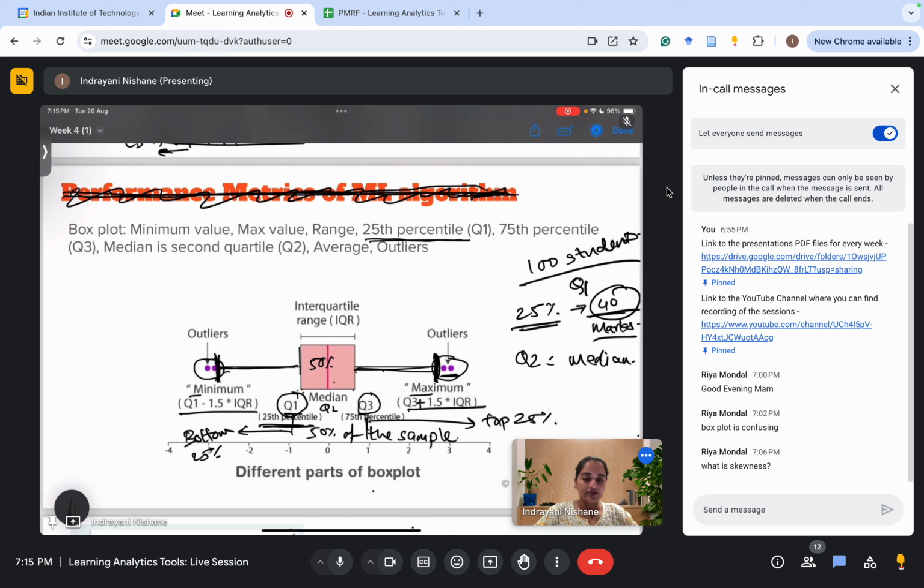So box and whiskers. And the median could be anywhere in the box, like here also. It doesn't have to be exactly in the middle of the box.